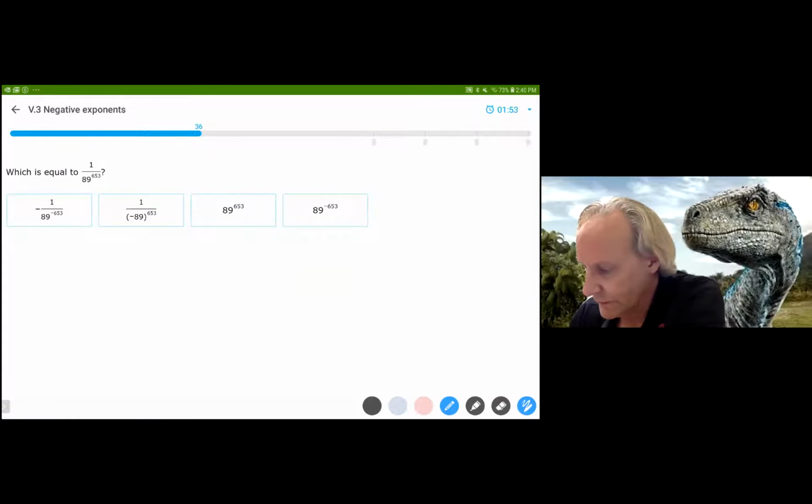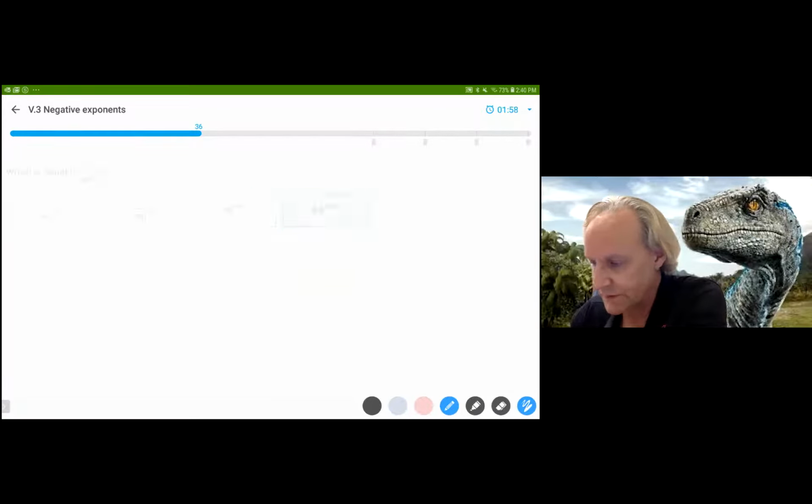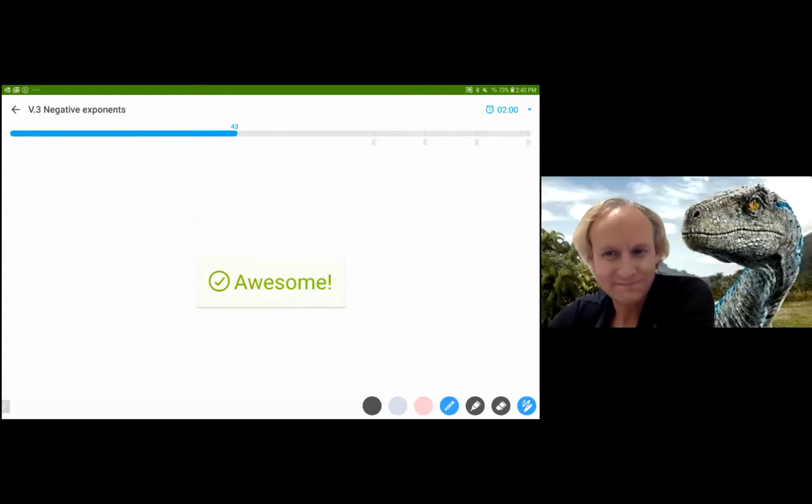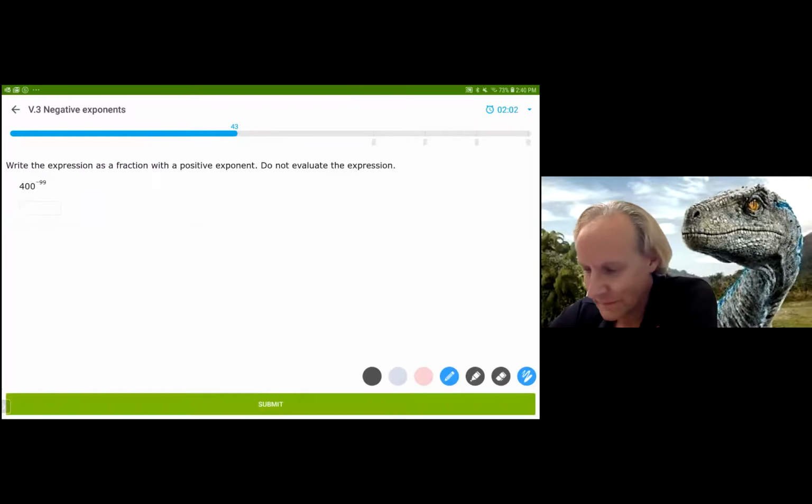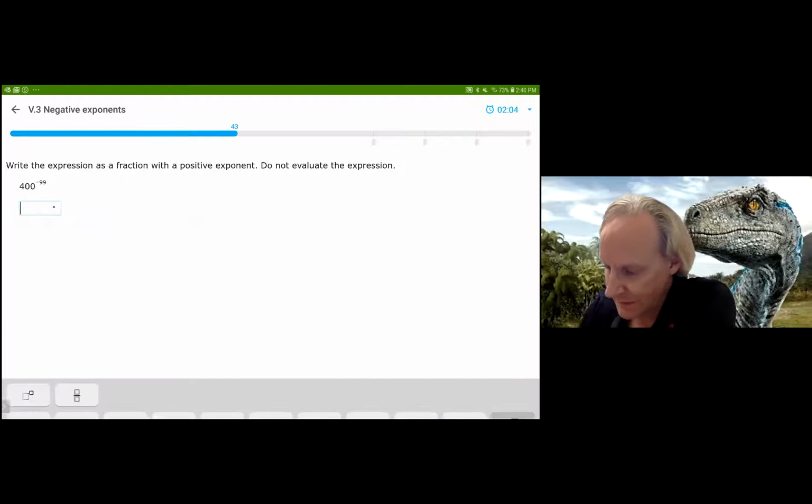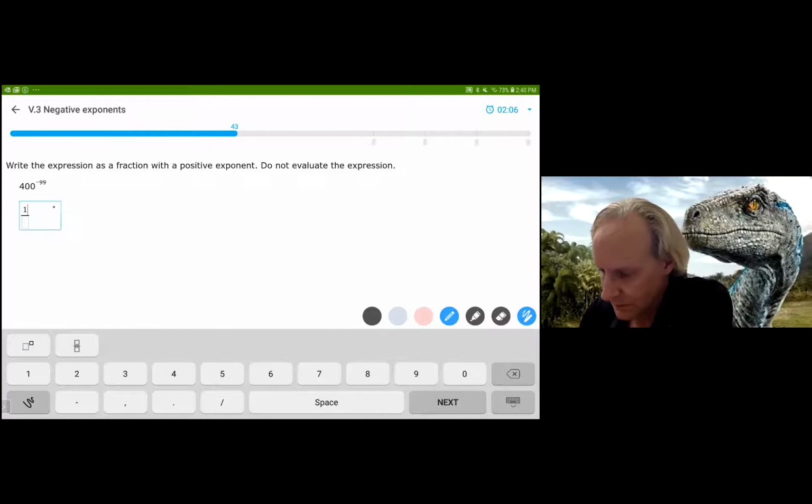Which one is equivalent? So we move it across the division line and change its sign to 99. Lots of rhyming going on here.